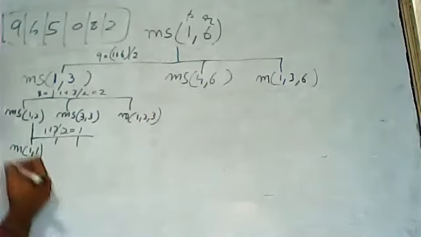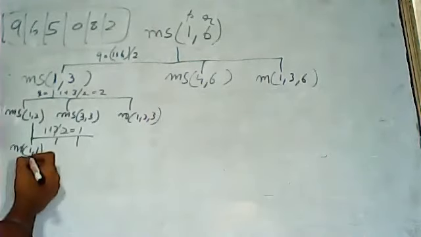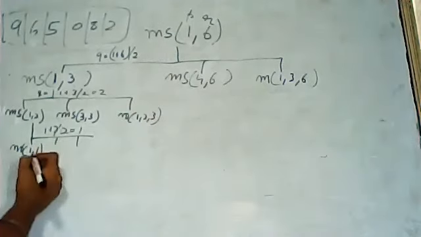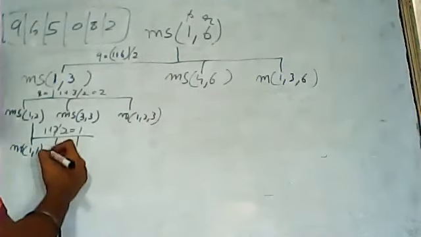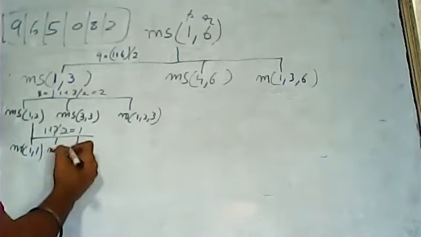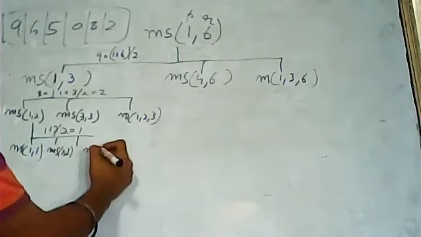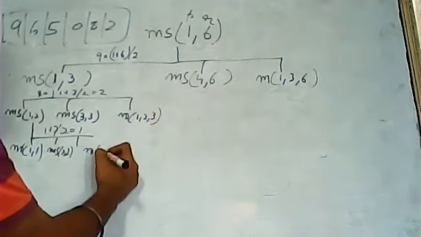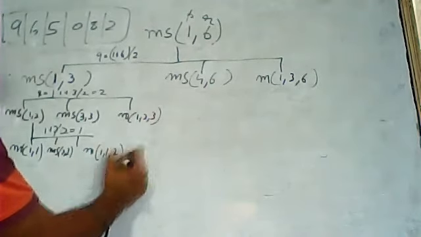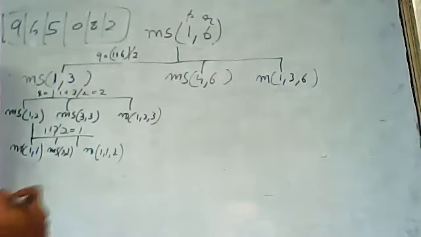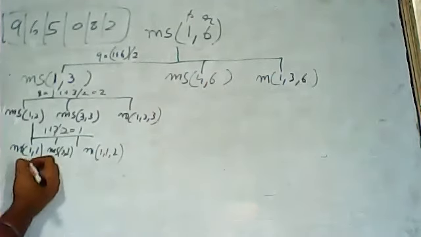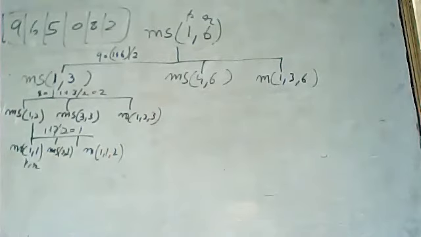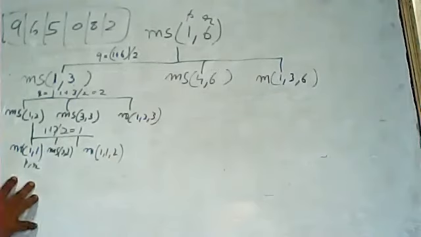Merge sort will be called again, from 1 to 1 and from 2 to 2, and we will merge from 1 to 1 and 2 to 2. At this point we can see that P and R are equal. Now the condition that we have mentioned in our algorithm, that P should be less than R, is not met here. So that is the exit condition.